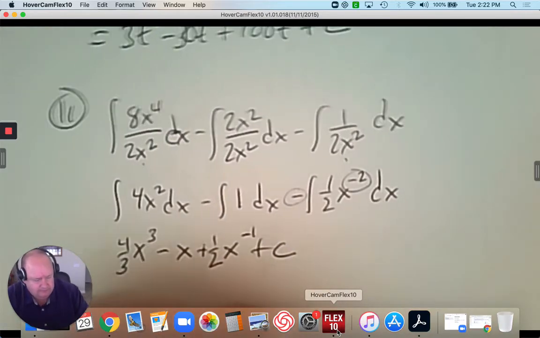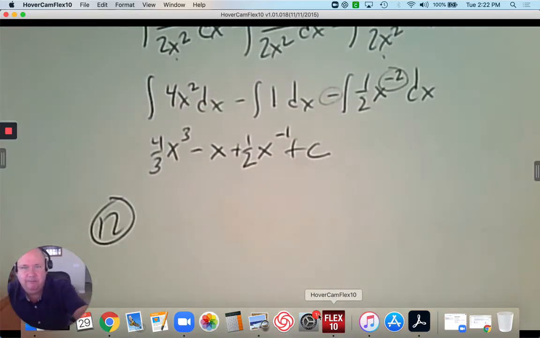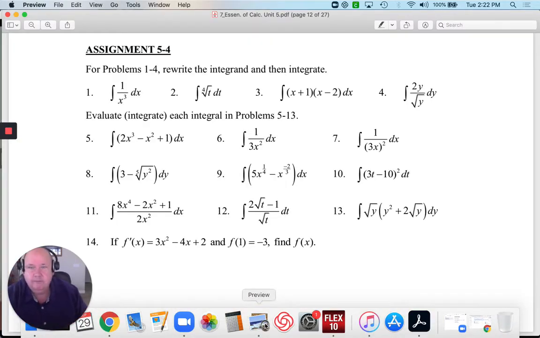Number 12. Here we go. The same thing here. So for this one, we're going to take the monomial. You have a term in the denominator. So we're going to divide that into both terms.